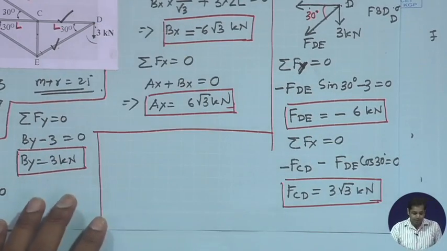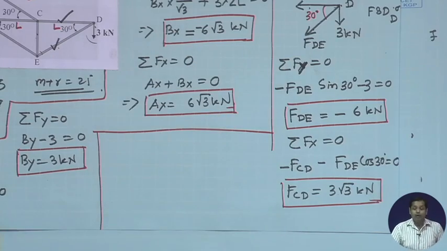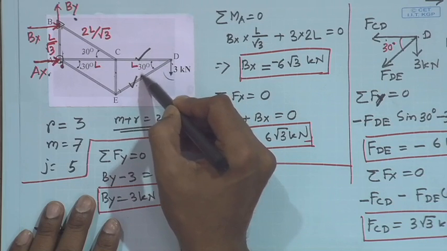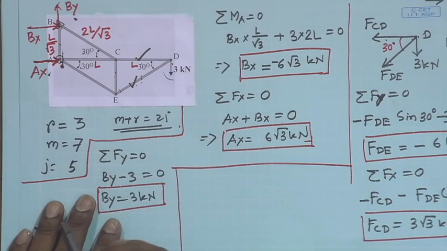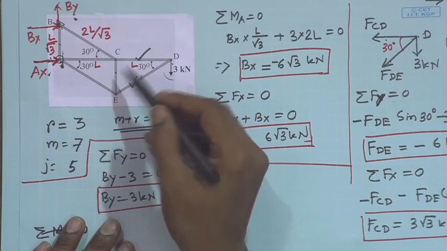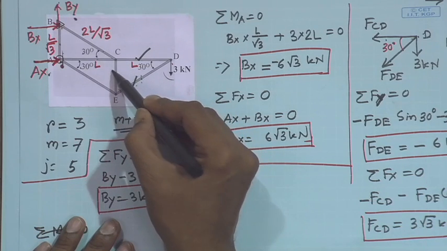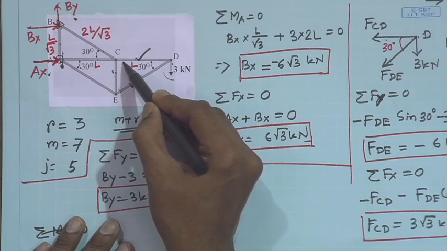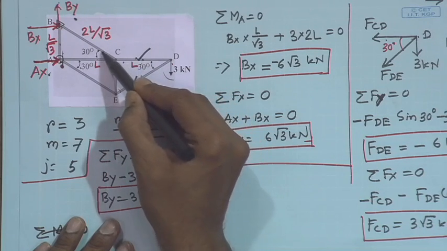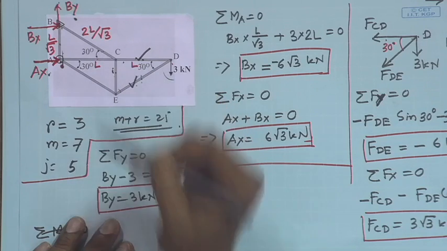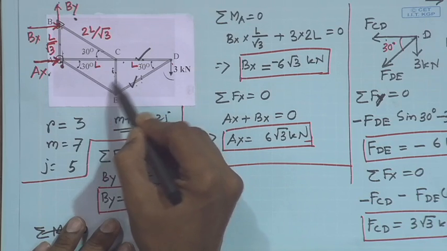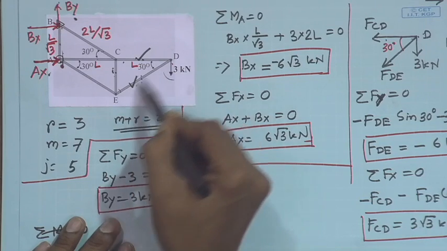Now let's see what joint. We have already obtained the member forces in these two members. Let us see now which joint to take next. Joint C still has three unknowns. It has originally 4 unknown, but one is already computed. But still it has 3 unknown, so we cannot next take joint C. Joint E, it was originally 3 unknown, but now member force in member ED is known to us.